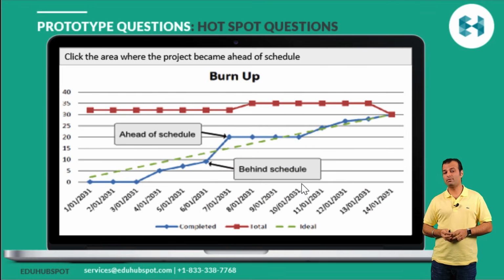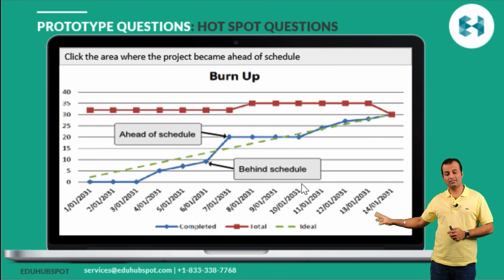Okay, fourth type, most important and something brand new, which is hotspot questions. What is this hotspot question? Something like this. Click the area where the project became ahead of schedule. So if you see over here, this is a burn up chart. I'm pretty sure you are not aware of what a burn up chart is. Okay, you may be aware, but I have not explained it to you, so please don't mind.